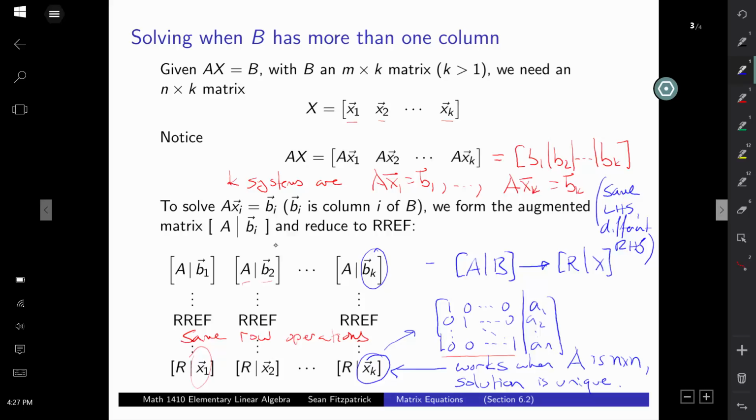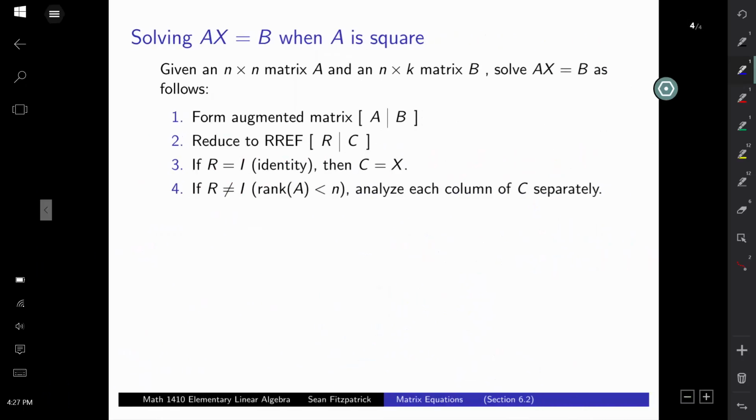So here's how this looks. Here's the setup, here's the algorithm. We want to solve A times X equals B in the case where A is square, but B could have any number of columns. The number of columns doesn't really matter here. So how do we solve it? We form this augmented matrix. We perform our row operations until we get down to the reduced row echelon form.